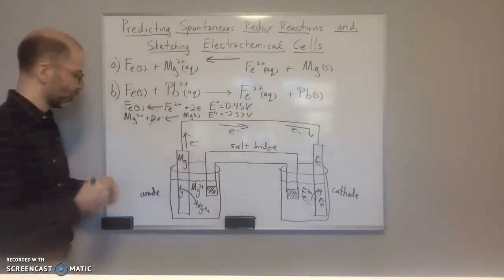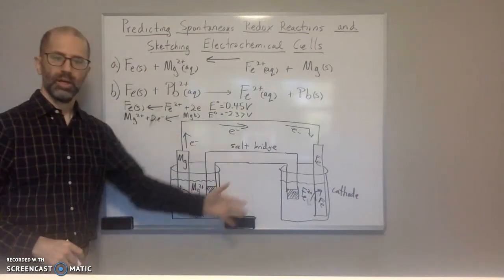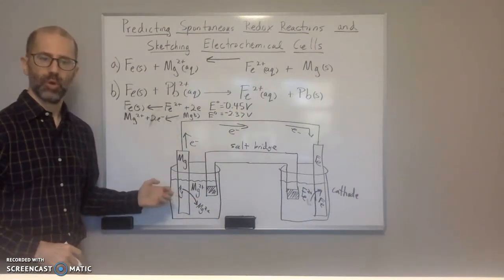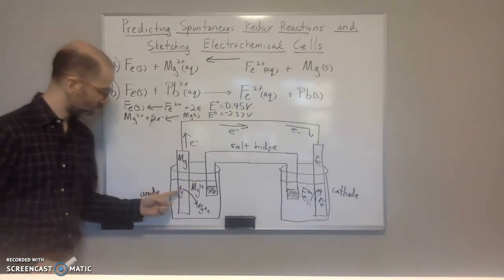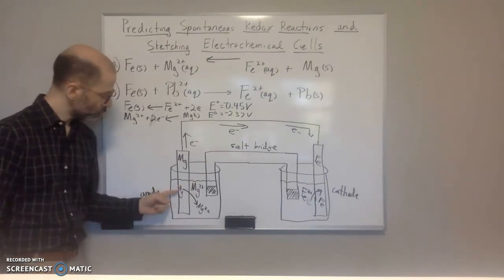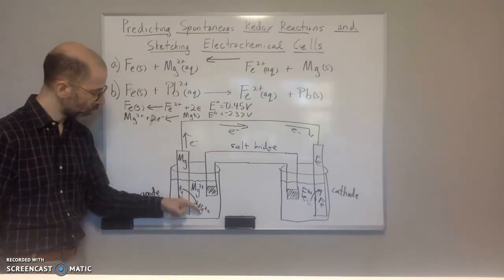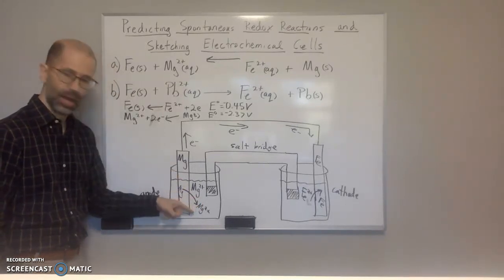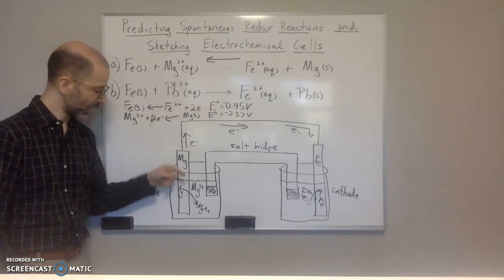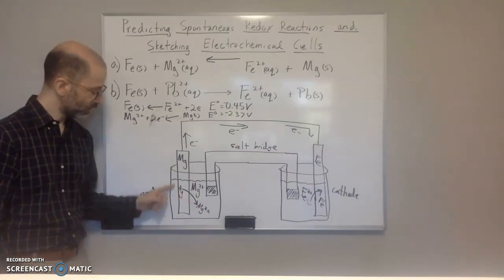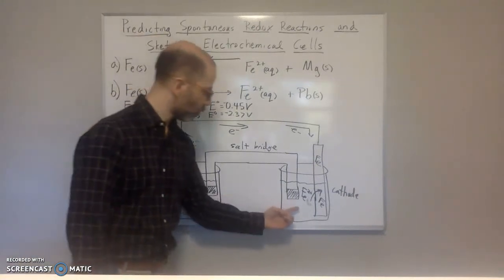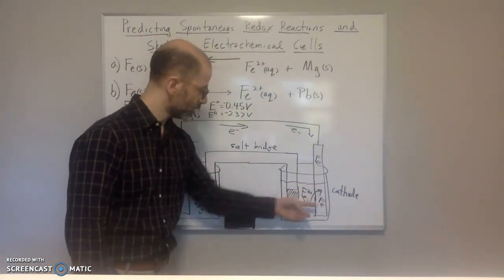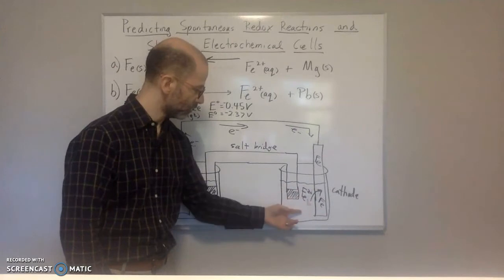The purpose of the salt bridge is to keep the system going longer. The reason is that as you put more and more positive ions in here, this is going to become more and more positive. As more ions leave the solution here, this is going to become less and less positive.